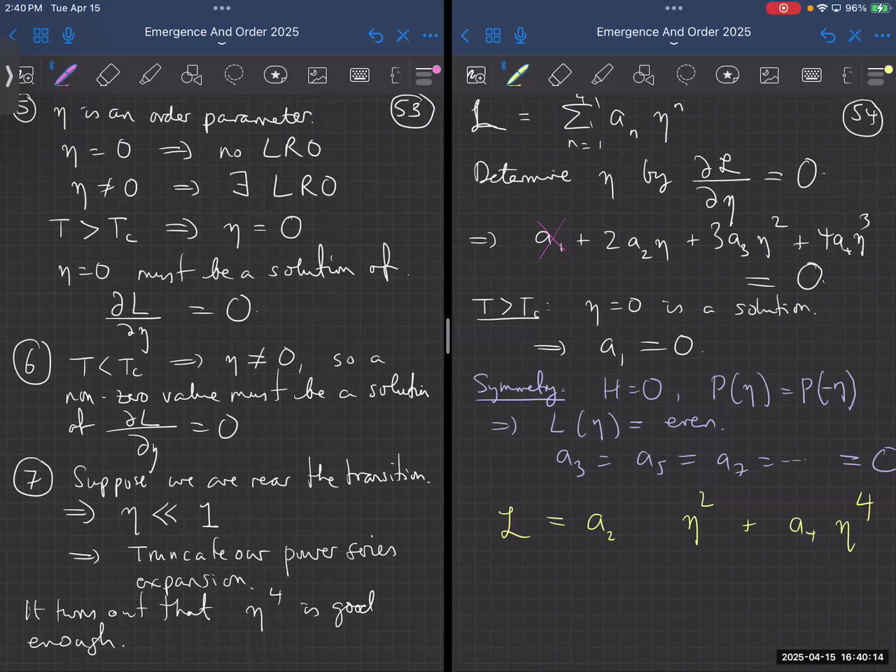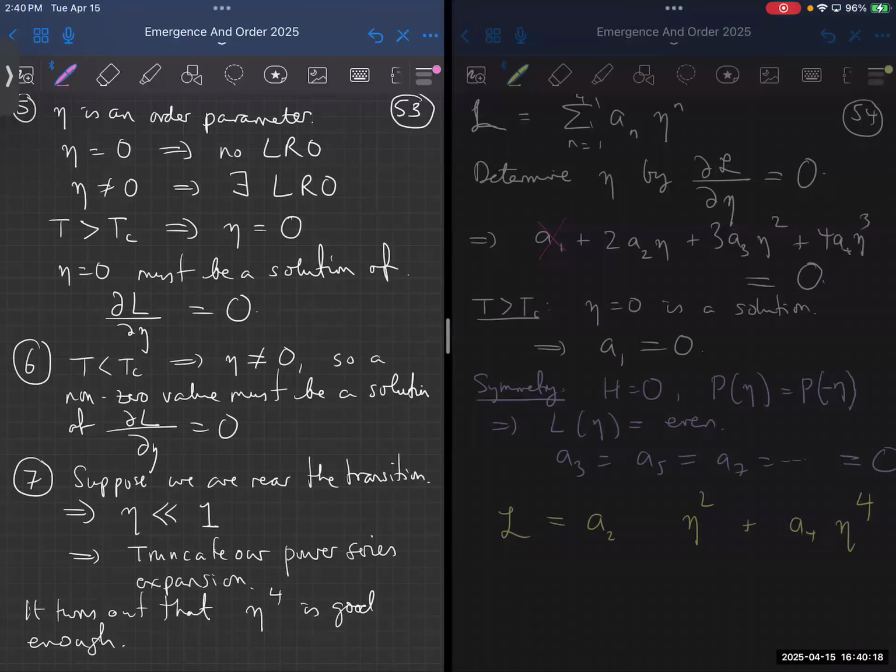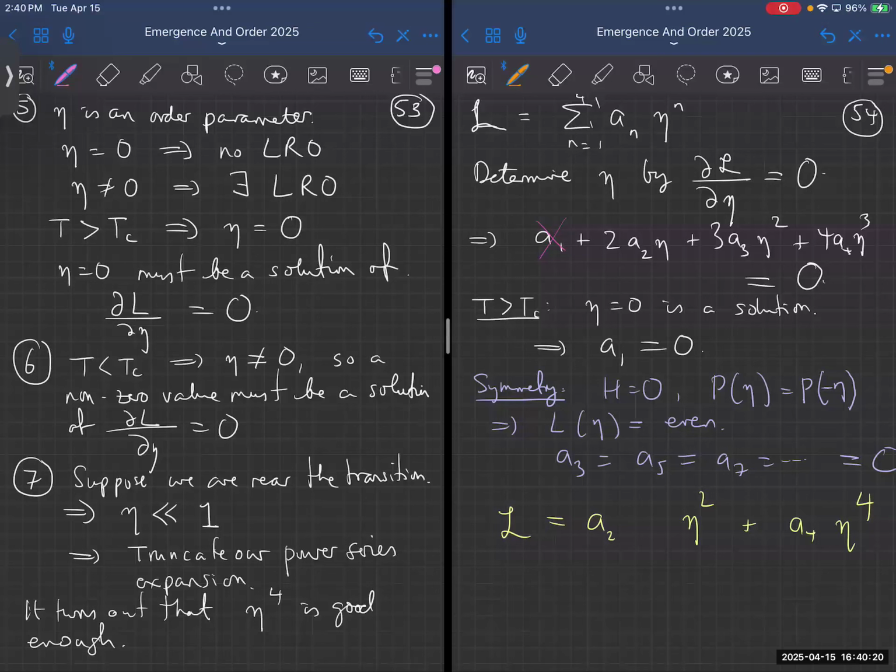And what do these things depend on? Well, these coefficients do depend on temperature. So we're going to see that a2 does have a temperature dependence that we're going to need to worry about, and a4 is not going to need a temperature dependence.